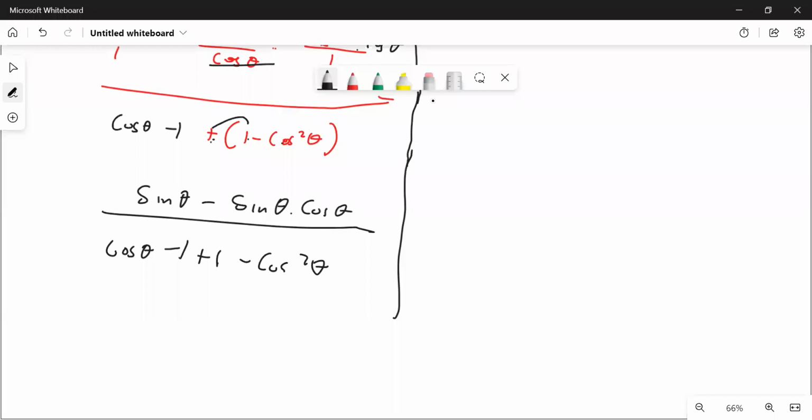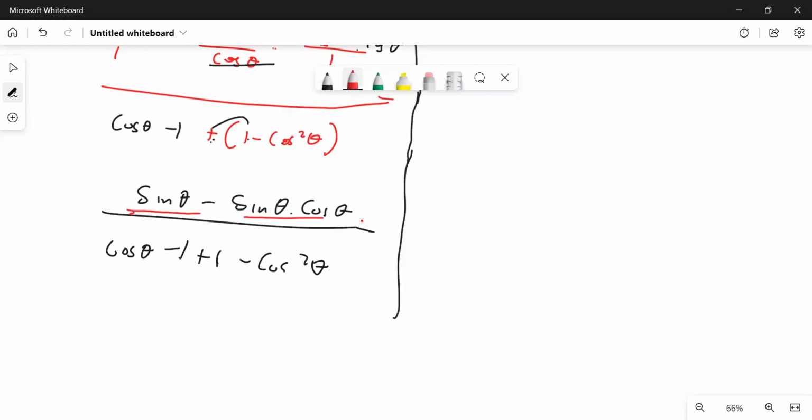Look at the numerator here. Is there anything common between term number 1 and term number 2? Yes. What's common? Sine theta. So we're going to take sine theta out as common. If we take out sine theta here, you're left with 1 minus.